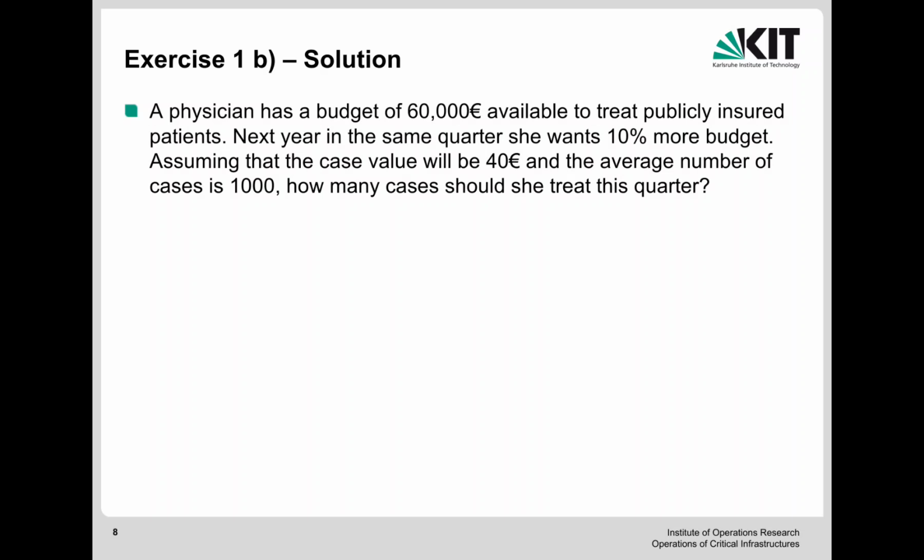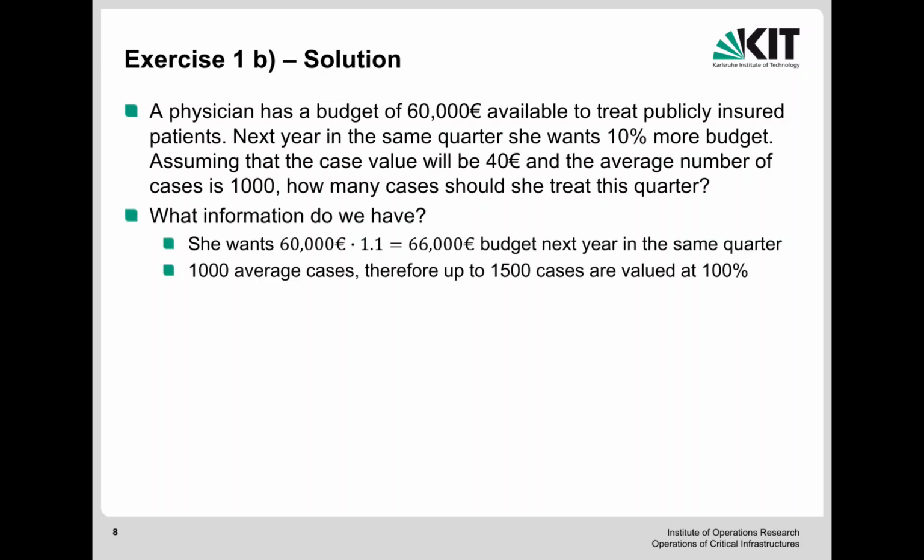So the question is, how many cases should she treat this quarter to get 10% more in the same quarter next year? Okay, again, the question is, what do we know? So we know she wants to have 66,000 euros of budget next year, same quarter. We know that the average cases is 1,000.